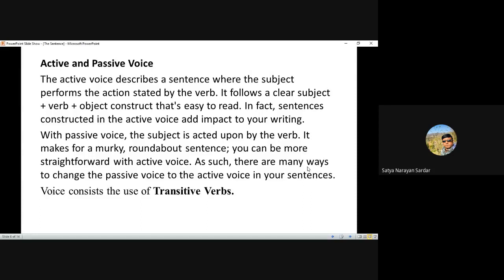No idea, sir? Okay. Which accepts one or more objects. Oh yes. The verb that takes an object or expects an object is a transitive verb.